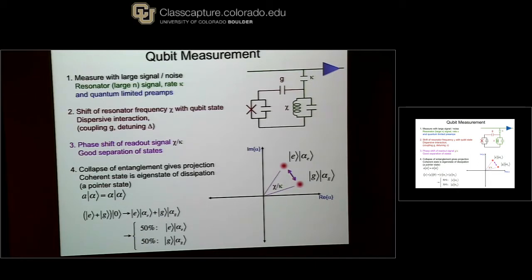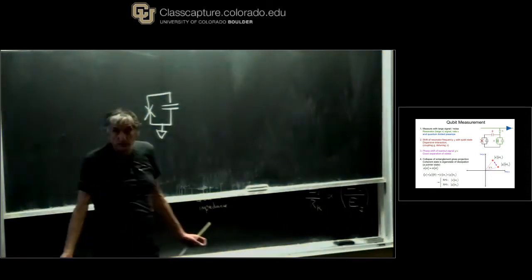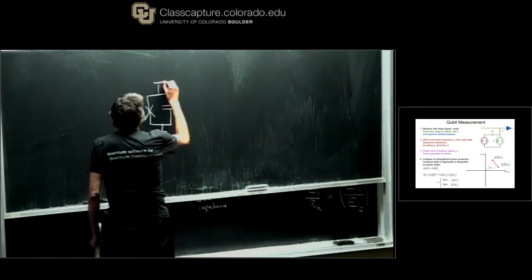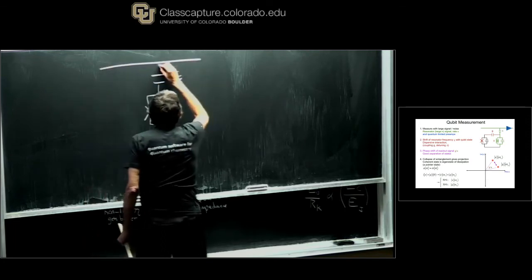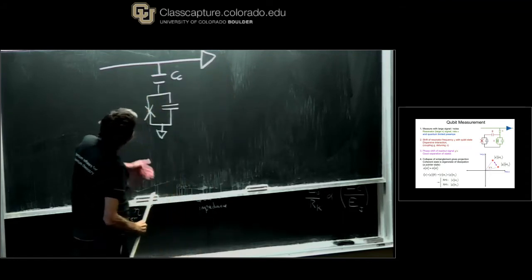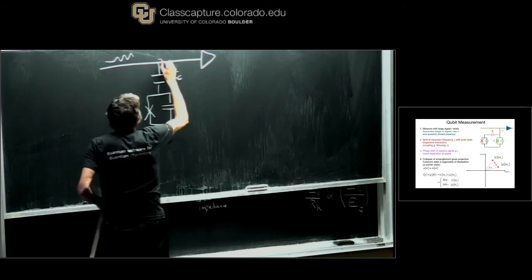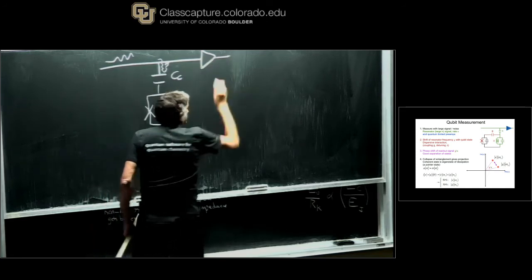So if I take a transmon qubit system of a junction and a capacitor, and we want to measure its resonant frequency, then I'm going to take a coupling capacitor to a microwave line and an amplifier, and we can put in photons here and scatter them off of the qubit, and amplify them here.